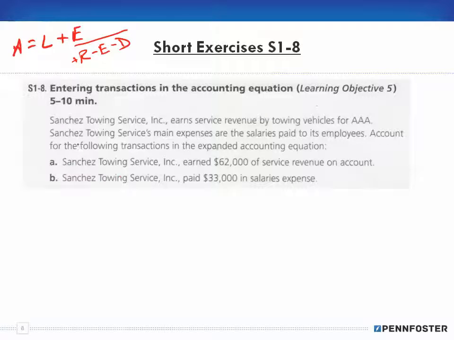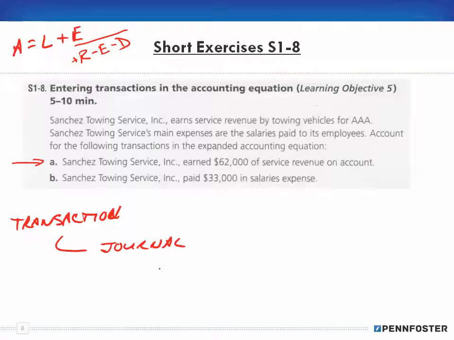Okay, so we have transactions A and B. We'll start with transaction A. If you recall, when you have a transaction, you enter it into a journal.